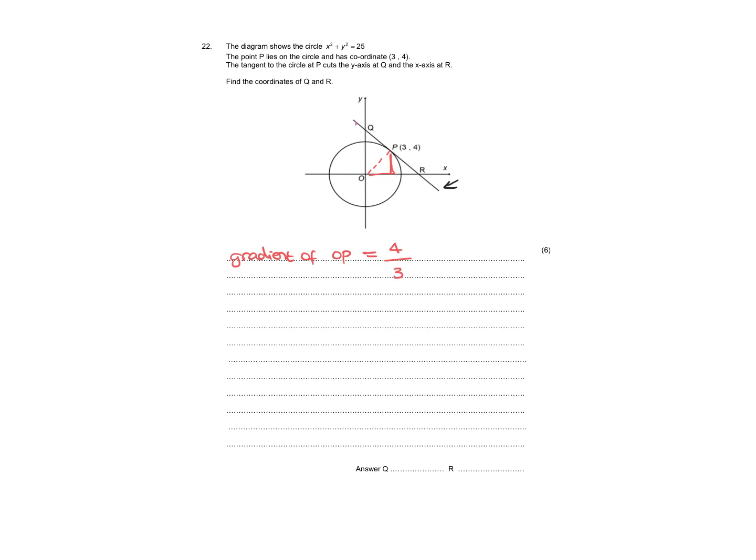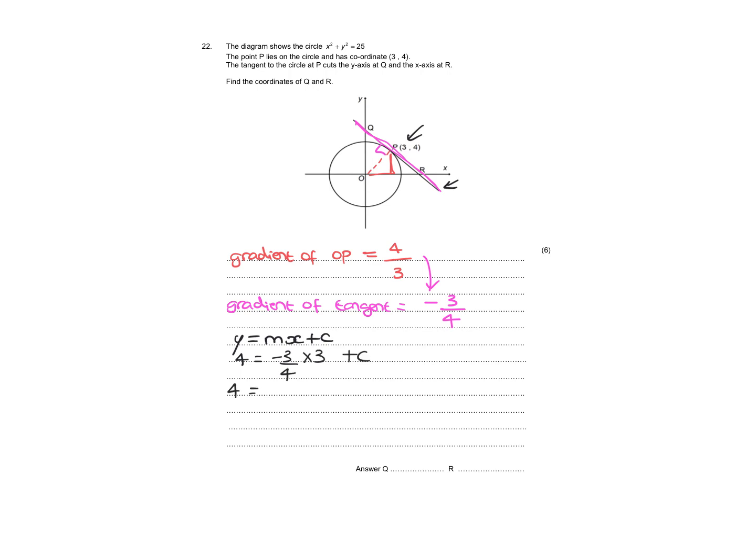And then the gradient of this tangent here, well, we know that tangent and the radius are perpendicular at the point of contact. So we know that the gradient of the tangent will be the negative reciprocal of 4/3, or minus 3/4. Now the equation of that tangent, we know we can call it y equals mx plus c, and then we'll substitute in the coordinates for P. So that tells me 4 is equal to minus 3/4 multiplied by 3 plus c.